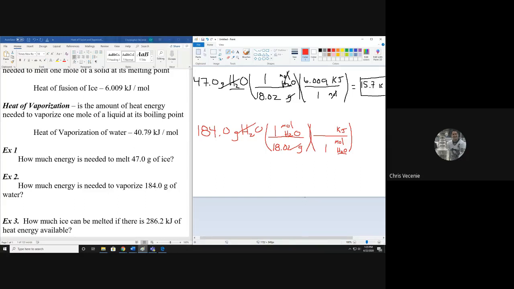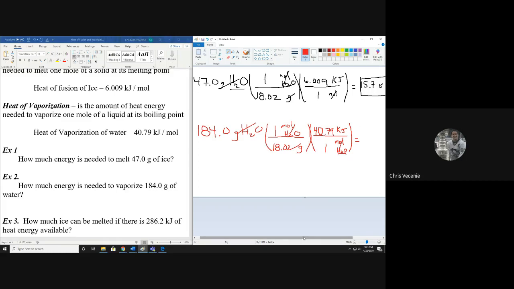So it's still water, which means these two numbers are fair game. But this time I'm vaporizing it, so I need to use the 40.79 value. And that was all because I was vaporizing in the red and I was melting in the black.